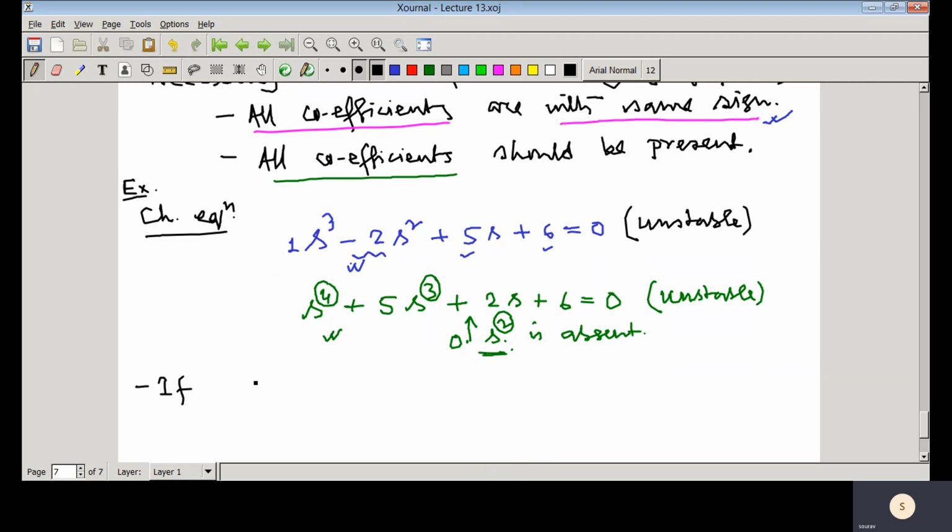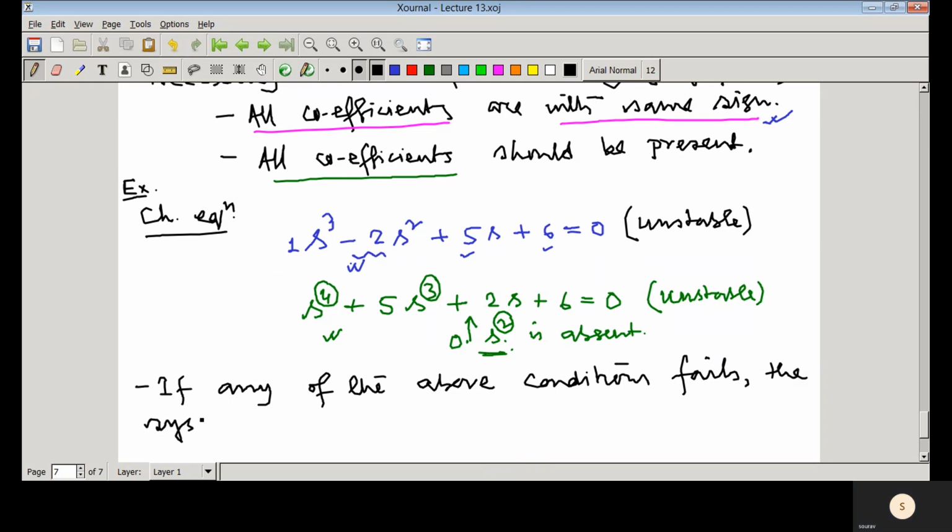That means if any of the above conditions fails, the system is not stable.